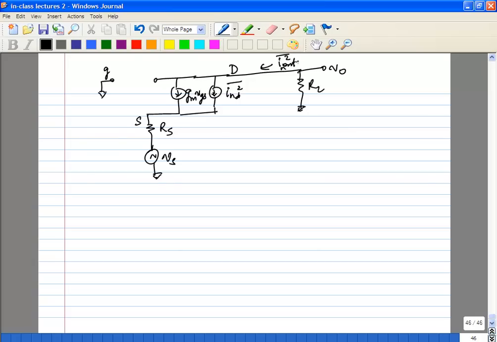To calculate the noise figure, you need to calculate I_n,out squared, and we'll start again from the basic definition. Find the noise due to RS alone, and then the noise due to RS plus your circuit.